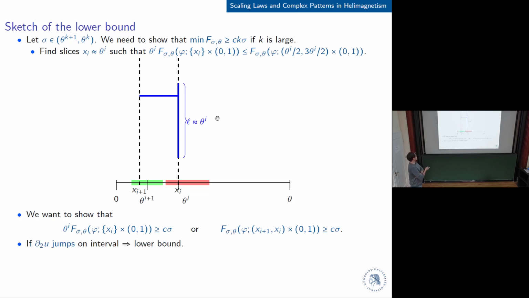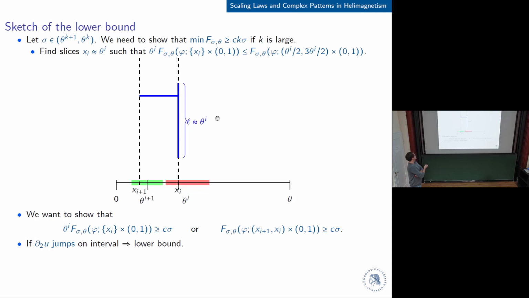So now the argument is relatively simple. You subdivide your vertical slices into intervals which have also the same length scale, so something like theta to the power i. Why is that?